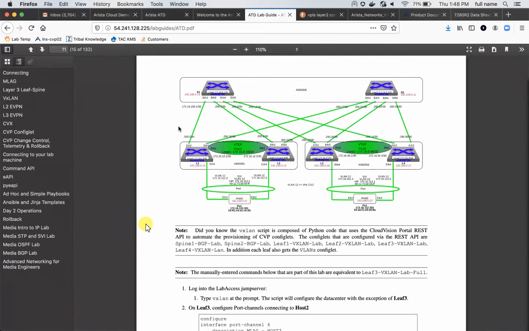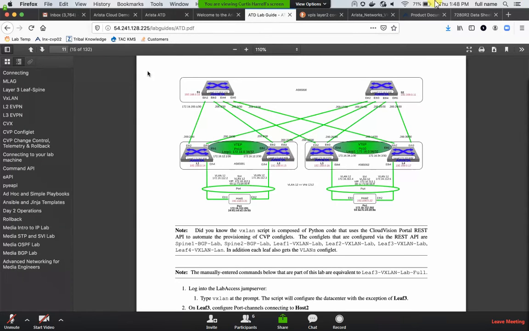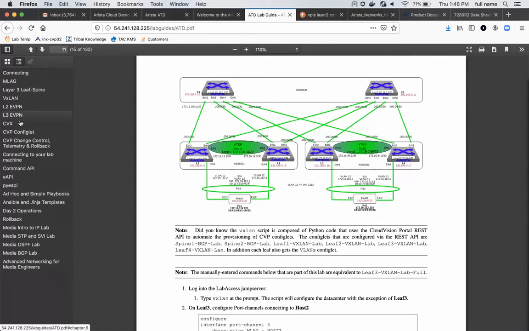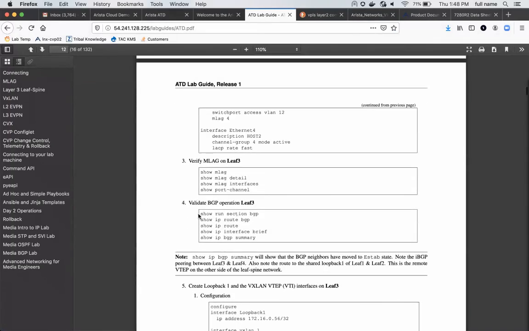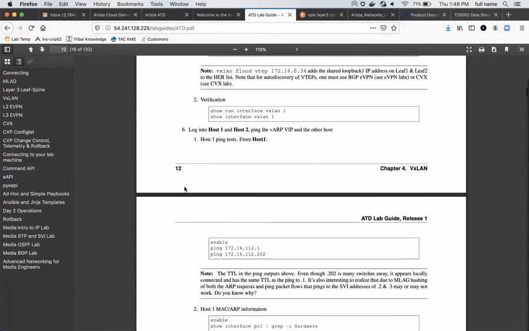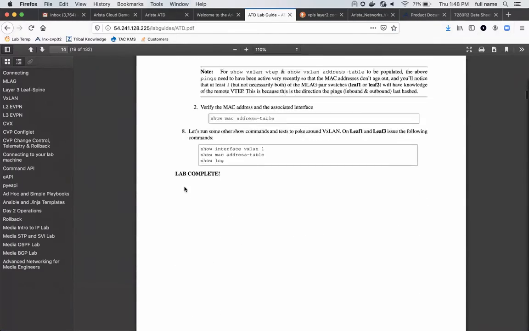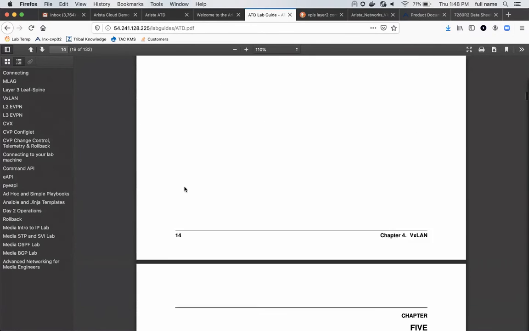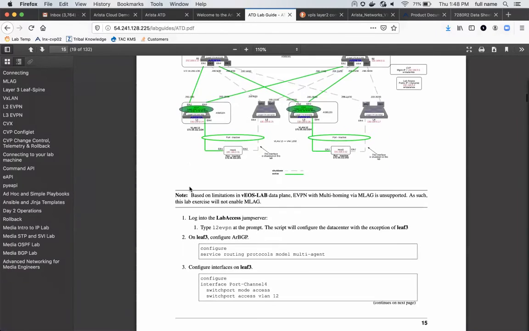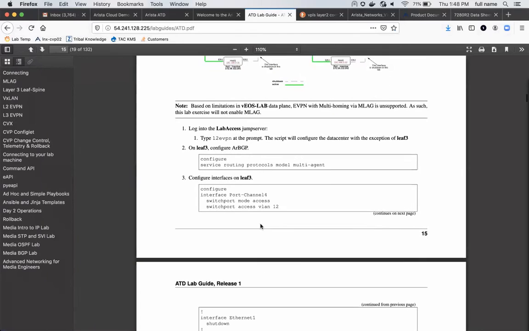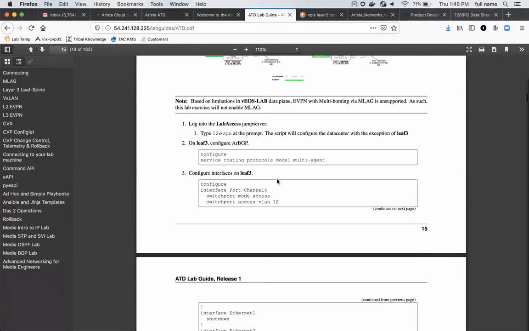What I was going to say is we can spin up a lab for you that goes through each one of these. There are walkthrough guides on configuring VXLAN, configuring EVPN, configuring MLAG, and talking through the different options.